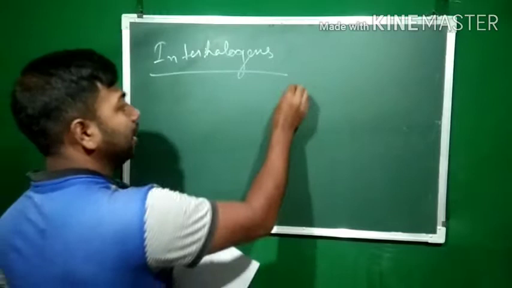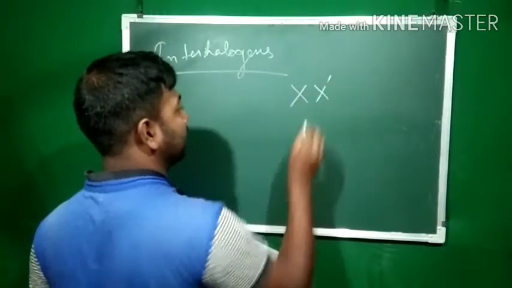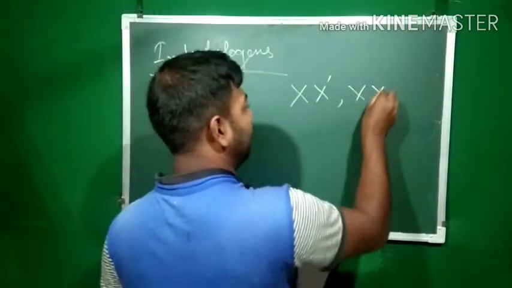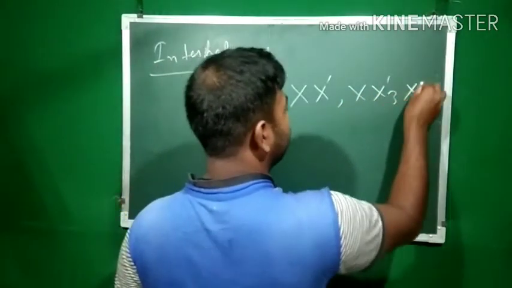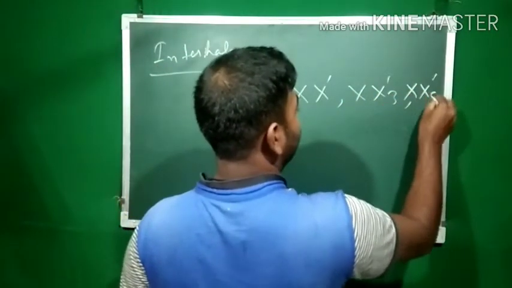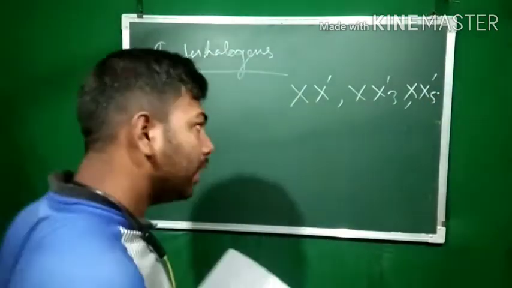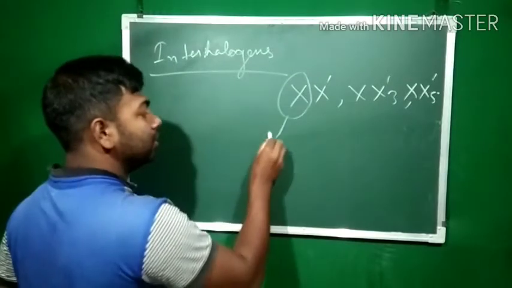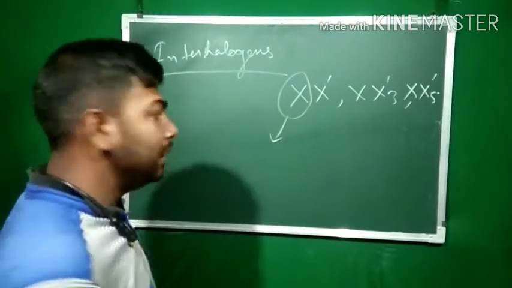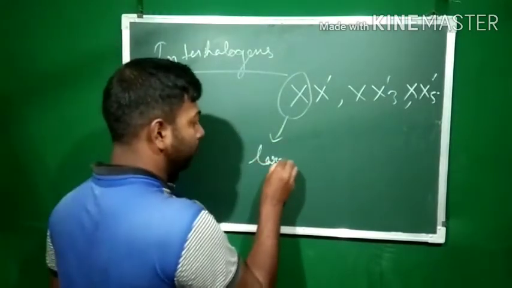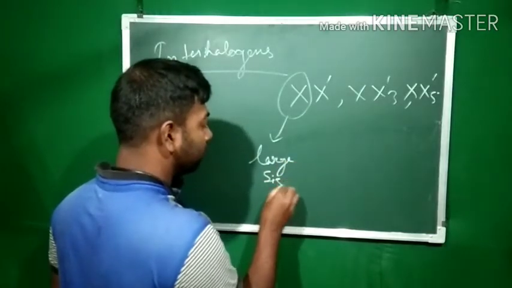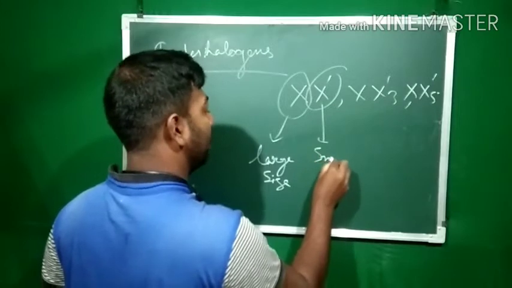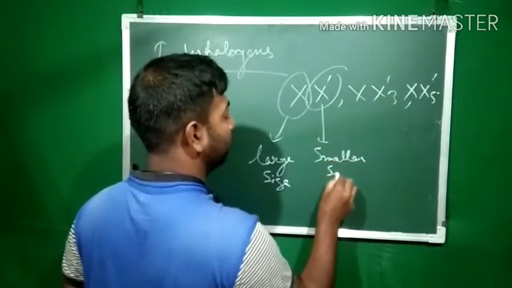These compounds are mainly represented as XX', it may be XX'3, it may be XX'5, this way. Now this X should be large in size, and the X' should be smaller in size.